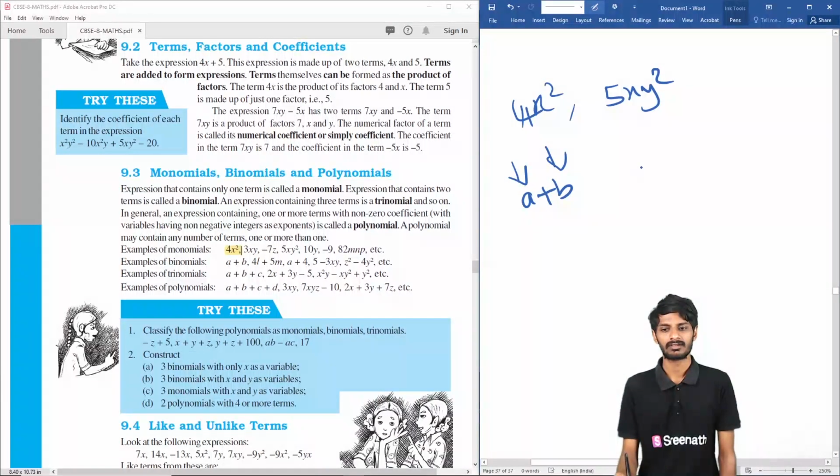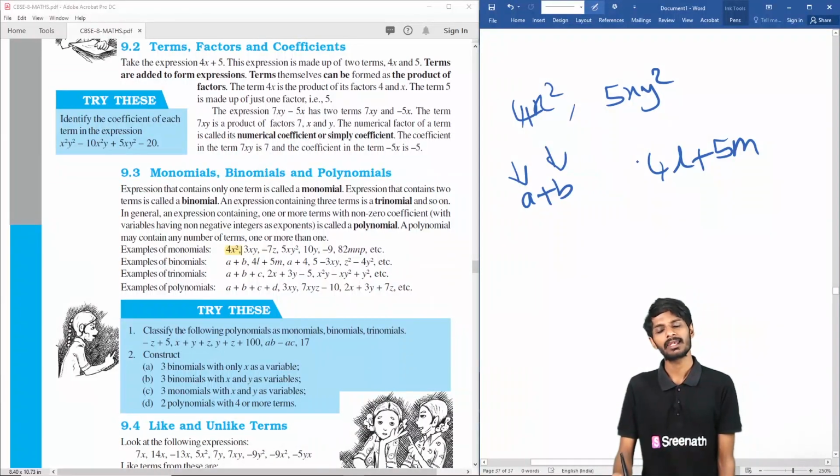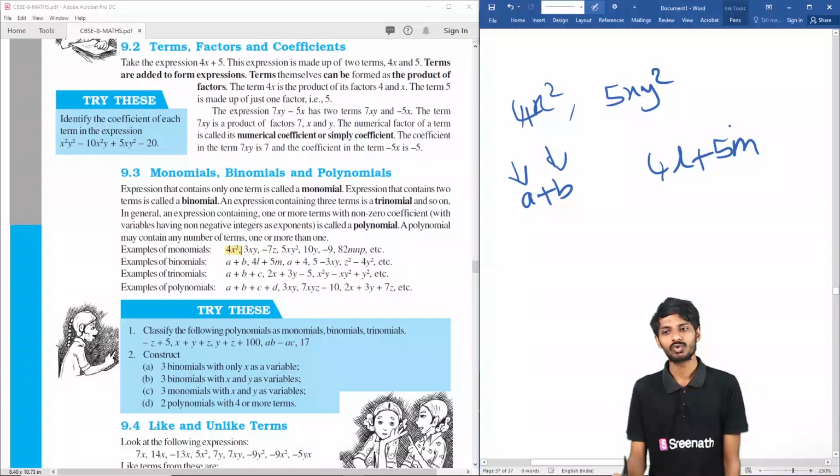And another one is 4l plus 5m. It is also an expression, and it has two terms. That's why it is also a binomial.